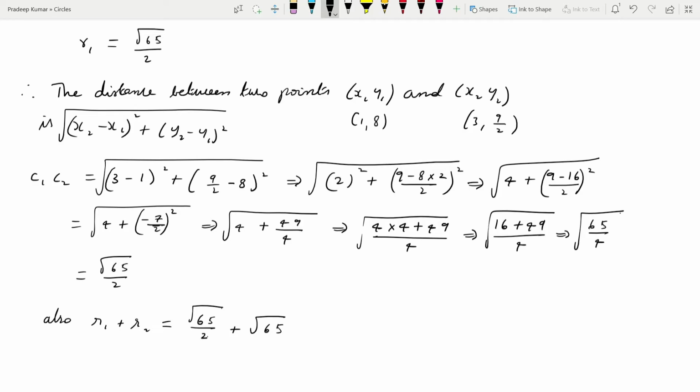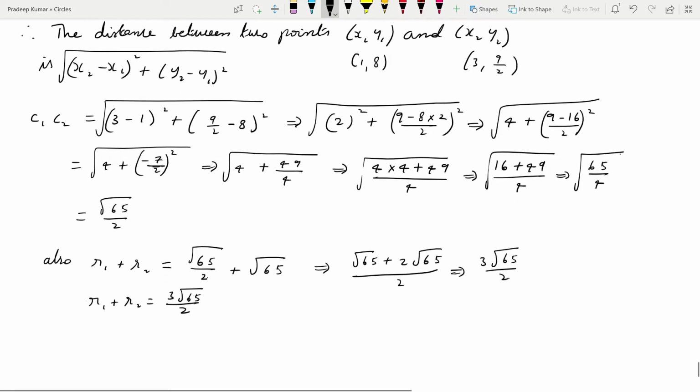Alright, so we'll just solve this further. So I can write this as root 65 plus LCM, that is 2 root 65 by 2. So this is 2 root 65 plus root 65, we'll be getting this as 3 root 65 by 2. Alright, so for r1 plus r2 we got 3 root 65 by 2. So this is the value which we got for r1 plus r2.